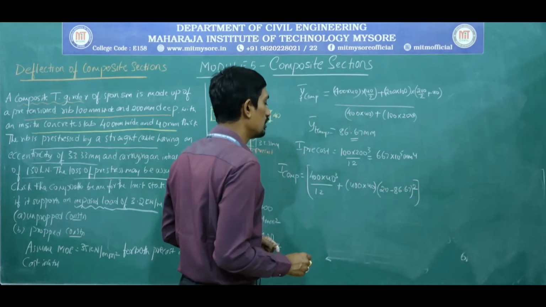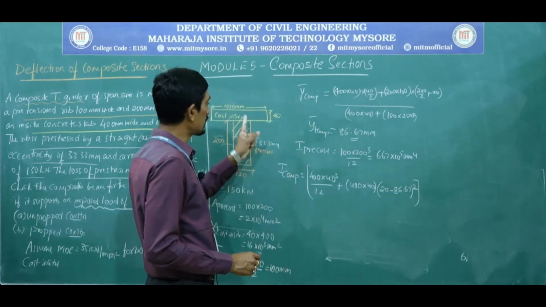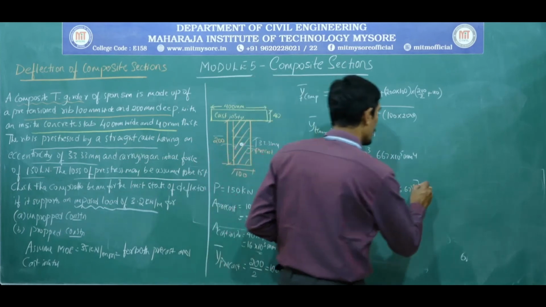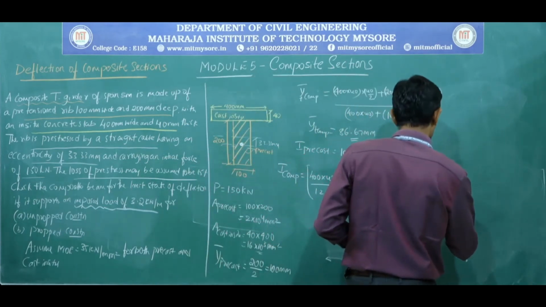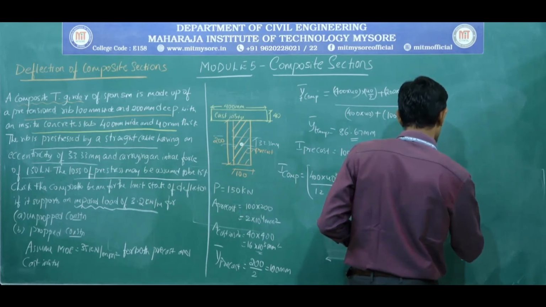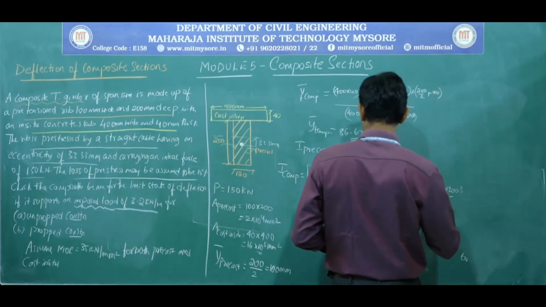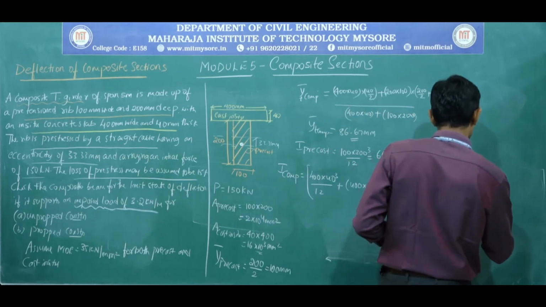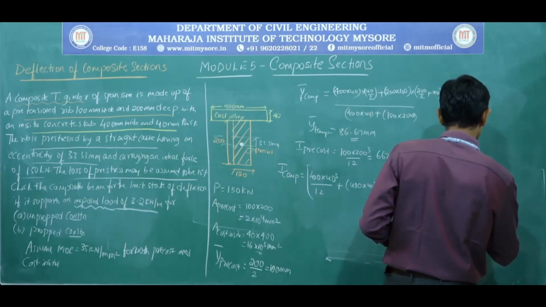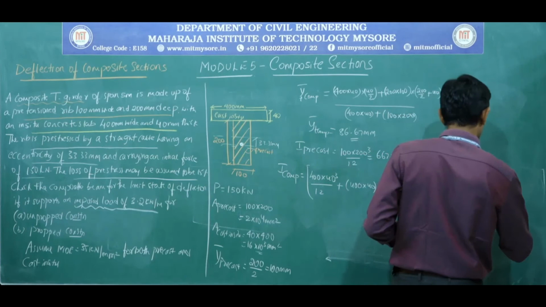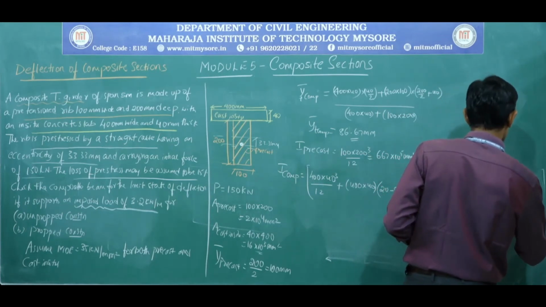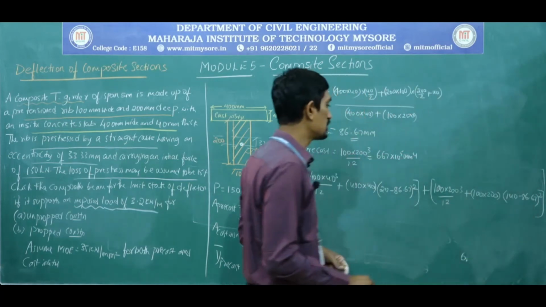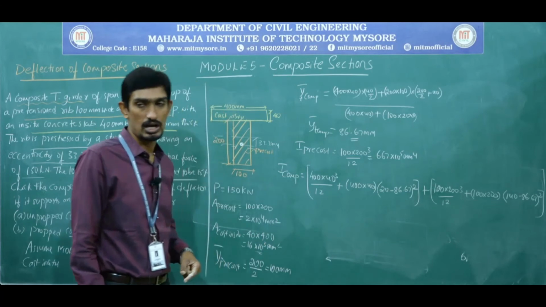So this will be the moment of inertia of the cast in situ, plus coming to this, 100 into 200 cube by 12, plus 100 into 200, multiply by 200 by 2 is 100, that is 140 minus 86.67 whole square. So this is the thing for moment of inertia.